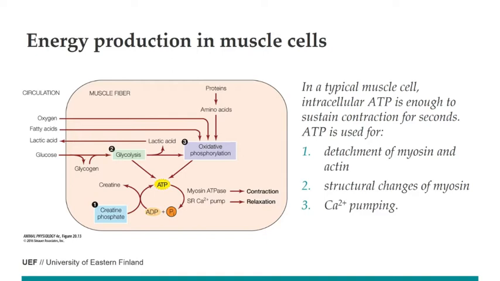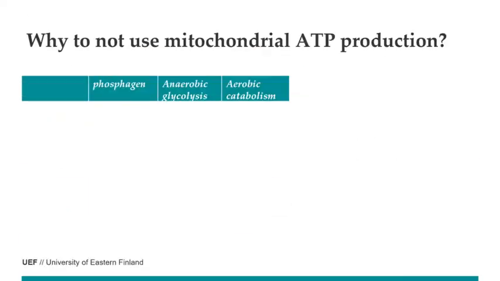Okay, we now have at least 3 different ways to produce ATP in the muscle cells, but we have learned from the general biology courses that aerobic catabolism is the best way to produce ATP, because you can produce maybe 30 ATP per 1 glucose. So why don't all the cells use it?